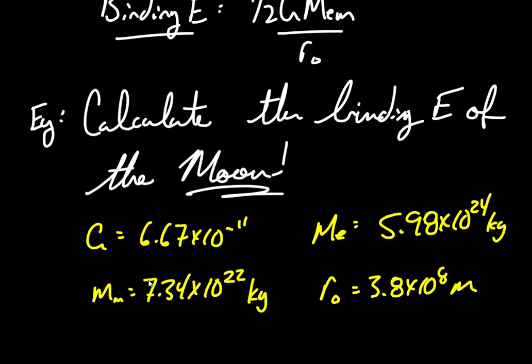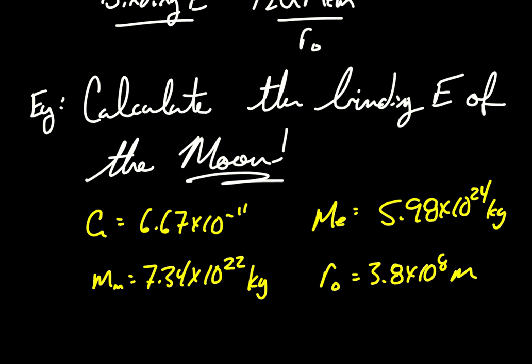Okay, so there's our info, and now we just need to set it up and solve for the binding energy of the moon. So we've got 1/2 G, 6.67 times 10 to the negative 11 newton meters squared per kilogram squared.